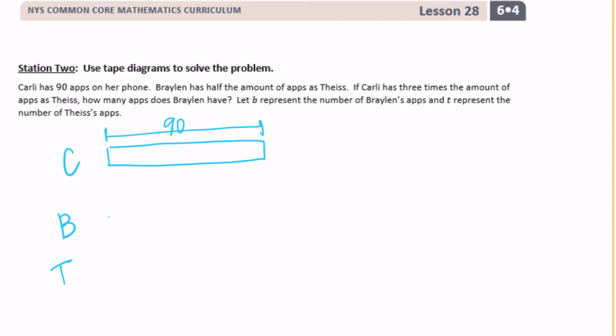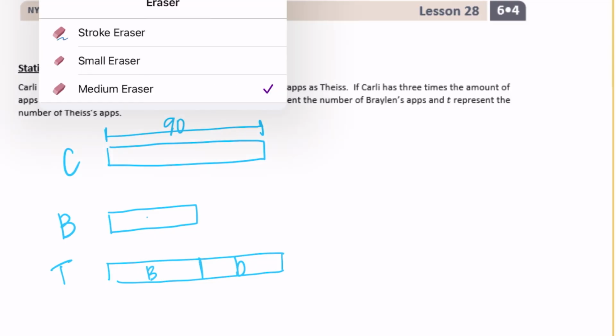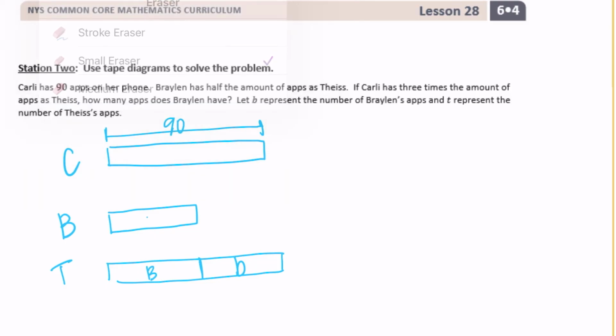So Braylon has half of whatever Thies has. Use a lowercase b there. Let B, so how many apps does Braylon have?